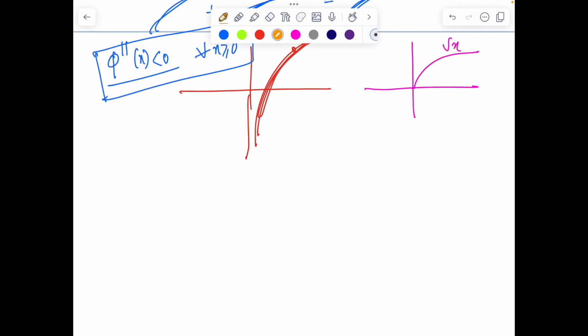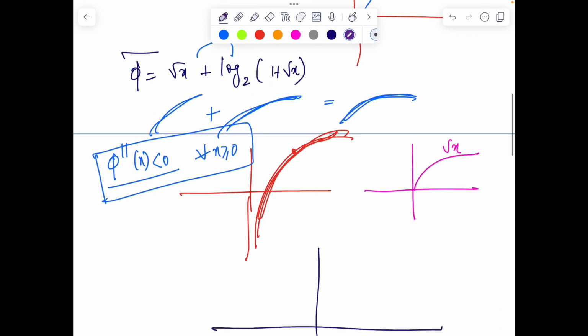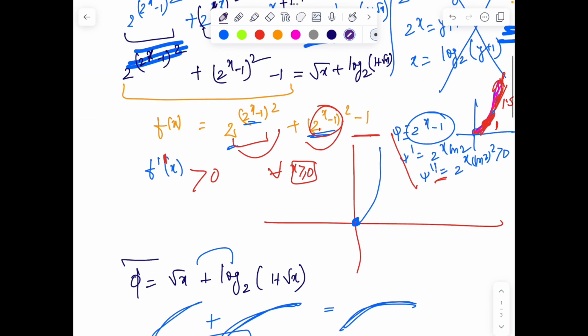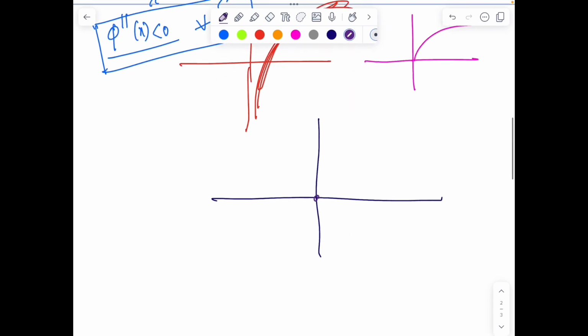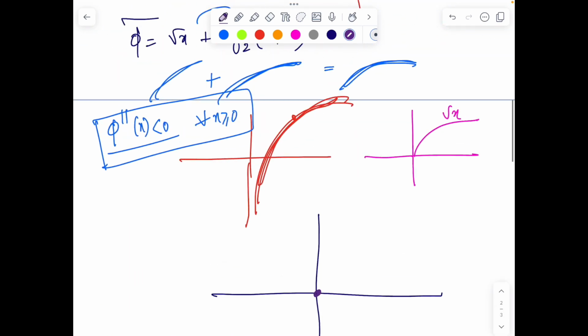Now with these two logics we are able to kill the question, because the LHS is, let's say, psi x, and the RHS is phi x. So it amounts to just finding the number of intersections of these curves.